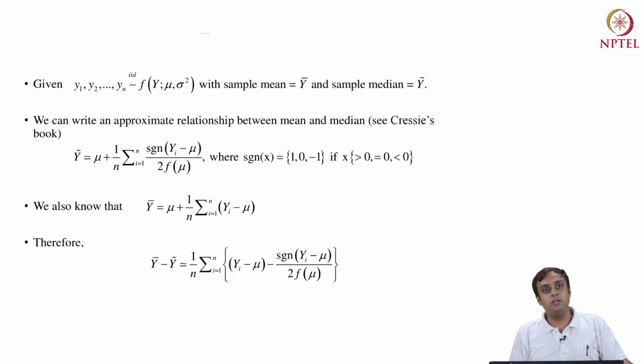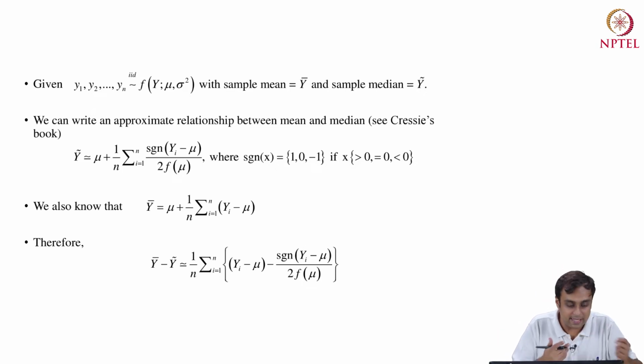So when we do that, we are going to develop a theory to be able to figure out how much difference between mean and median is a large enough difference to signal outlier values. So let's say we have a sequence of data y1, y2 all the way through yn, which is independently and identically distributed with PDF f of y with parameters mu and sigma squared.